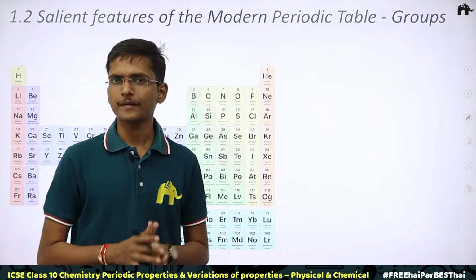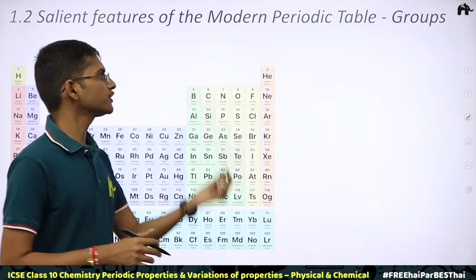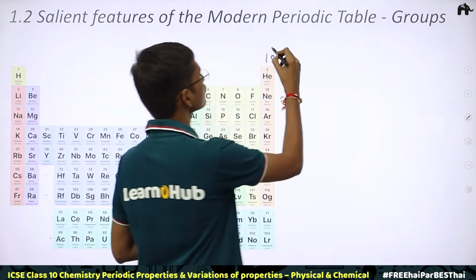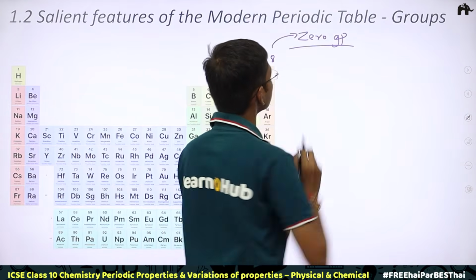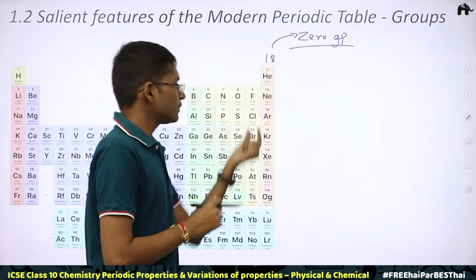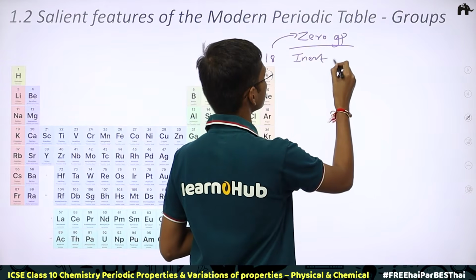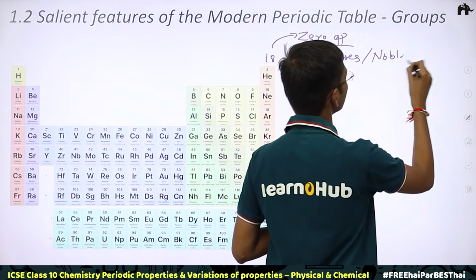So till now we have reached group 17. Now moving to the last group, group 18. This group is also called zero group. Very interesting. And these zero group elements are also named inert gases or noble gases.